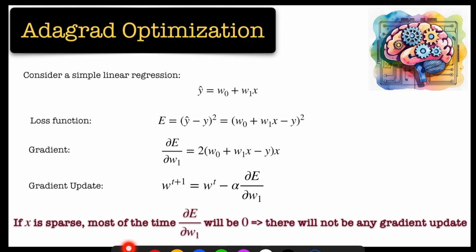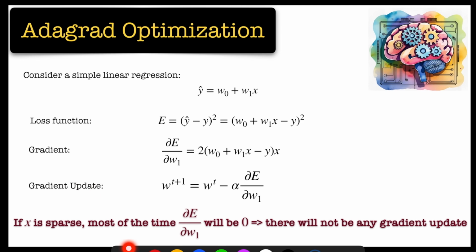The gradient of E with respect to w1 will be 2 times this term, and then we get x from this term. Similarly we would calculate del E del w0, but I am just considering del E del w1 here.